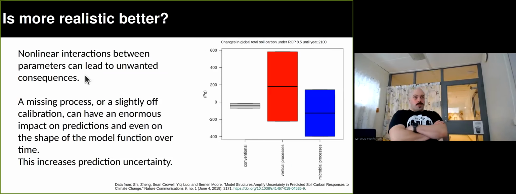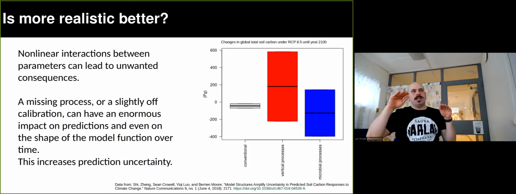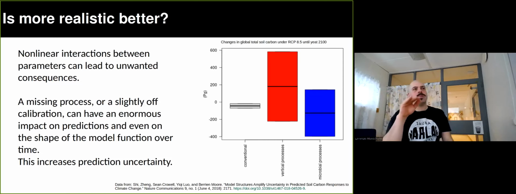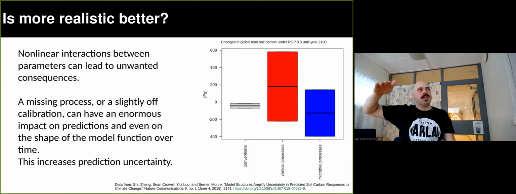Because with these nonlinear models, since the consequences of your choices are so big on the predictions, when you use them for extrapolation, to extrapolate into the future, the variance of their prediction can vary enormously. When you calibrate them to your time series, once you calibrate, it's no problem for any model to simulate this very simple decomposition time series.